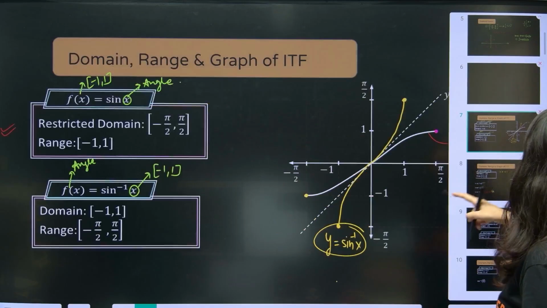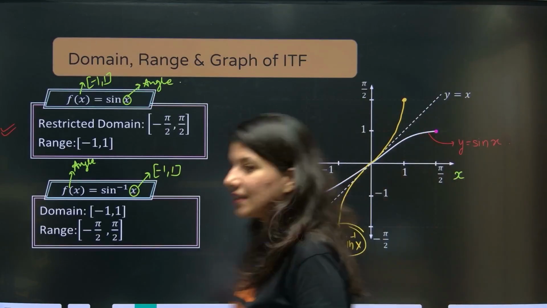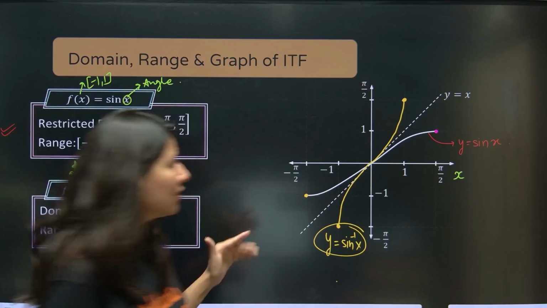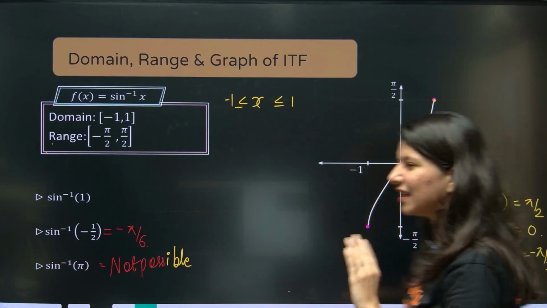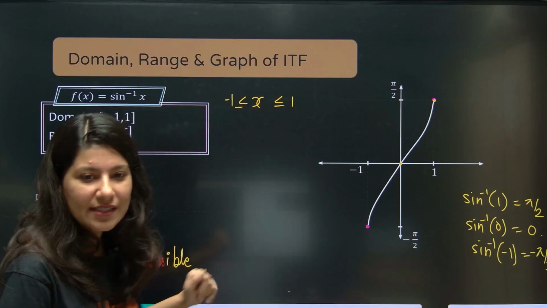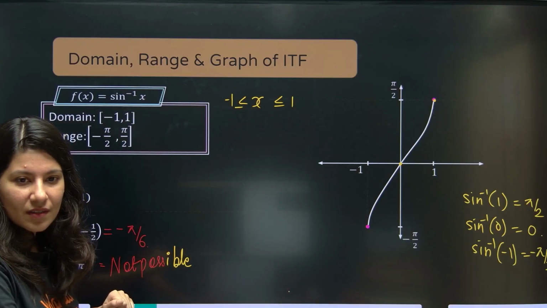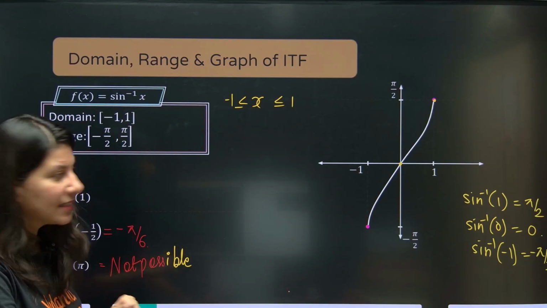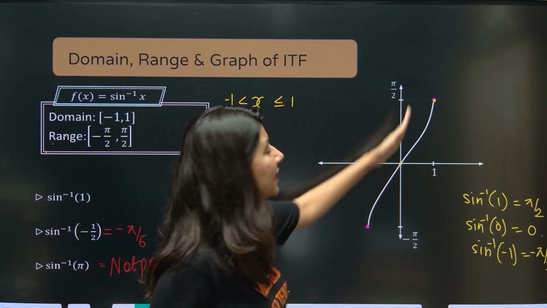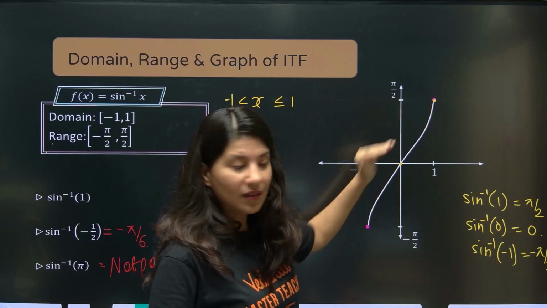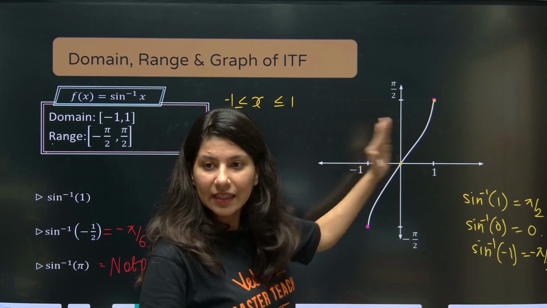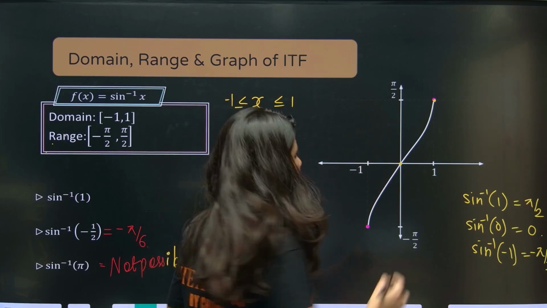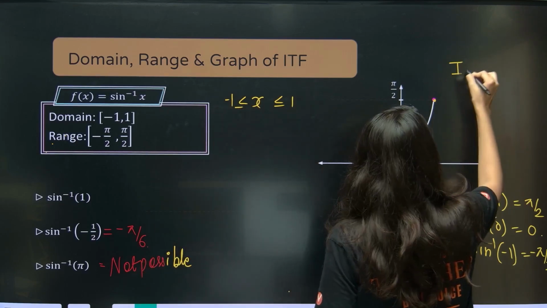Now one thing, let's see this graph. I need to analyze it. First of all, can you see, is this an increasing function or decreasing function? This is an increasing function, right?